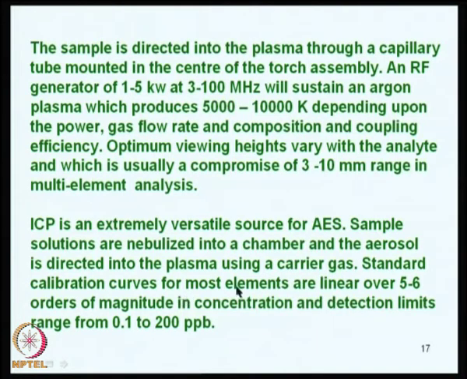So, standard calibration curves for most of the elements need to be constructed as usual, but they are linear over 5 to 6 orders of magnitude in concentration and detection limits range from 0.1 to 200 ppb, parts per billion. So, nowadays inductively coupled plasma atomic emission spectrometry, ICP AES, is the most preferred technique, next only in popularity to atomic absorption.